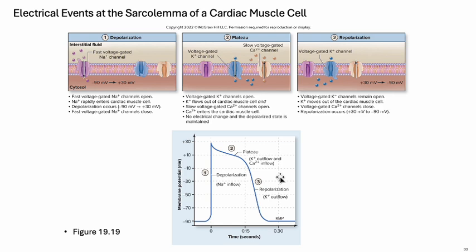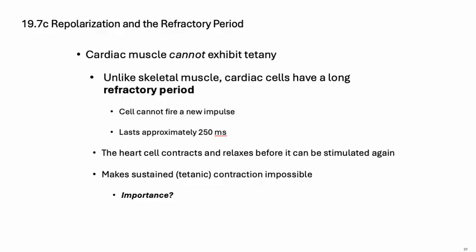Is it becoming more negative? For depolarization, it's becoming more positive. Plateau, it's staying relatively steady, so no major change. And then repolarization, it's becoming more negative. So think about those things: the ion, the direction the ion is moving, and the change in membrane potential for each of these. You can see that up here in these three images.